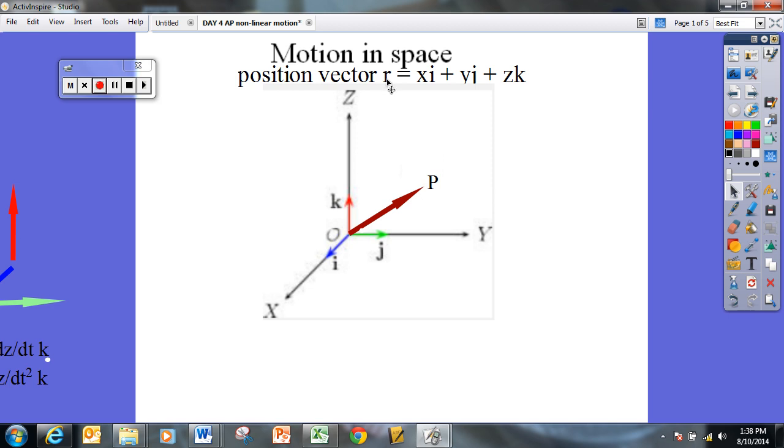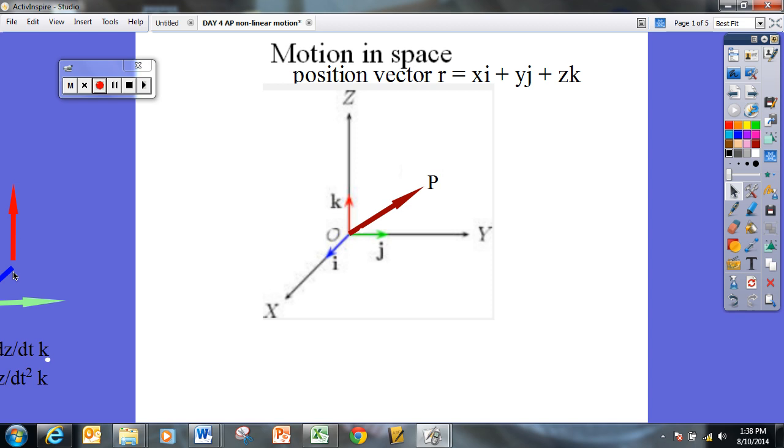It is a radial vector, much like polar coordinates, and that's why the r was chosen. And it is made up of components in the i, j, and k directions.